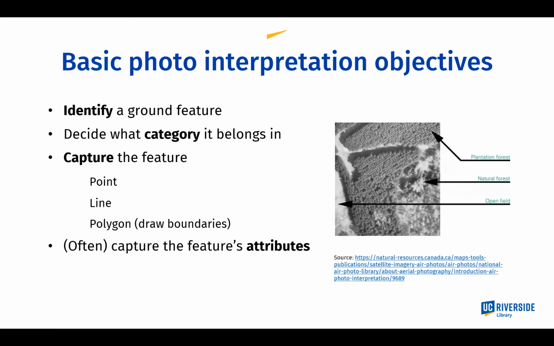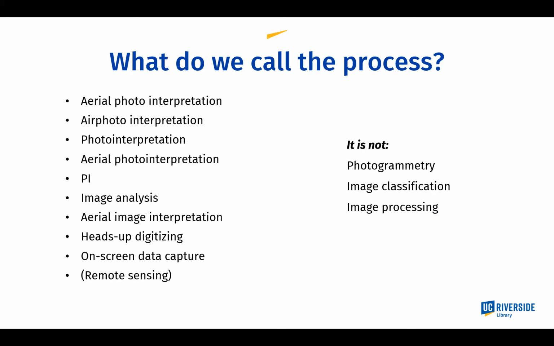And maybe some of those extra attributes say about the natural forest, well, is it deciduous or coniferous? Is it mixed? Is it low in stature? What's the crown cover like? All that kind of stuff. So those are an example of the type of attributes you might capture in addition to it's just a thing I need to map, if that makes sense.